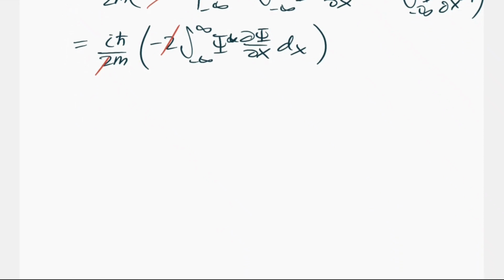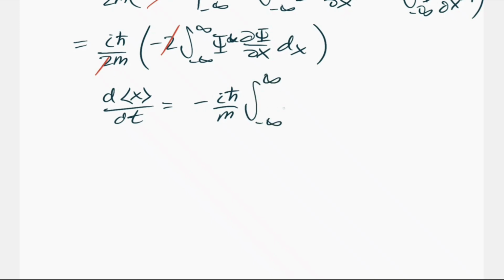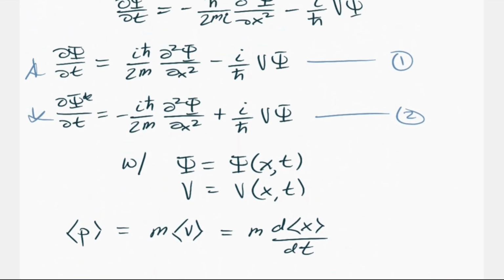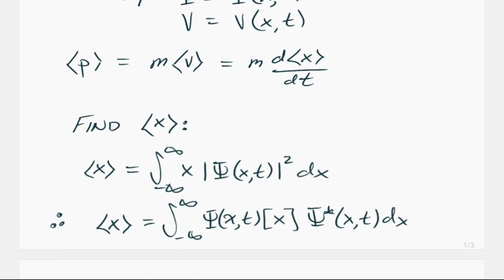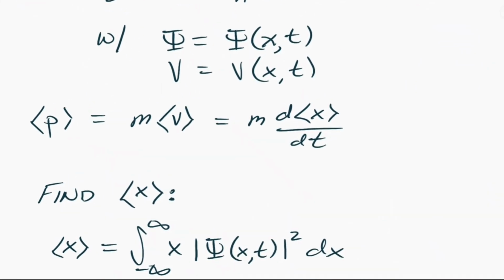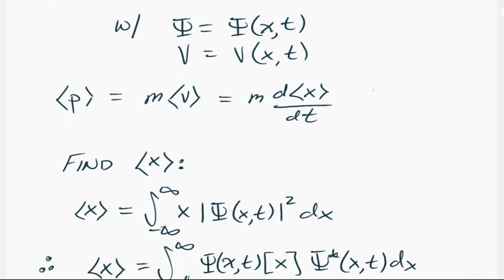And we see that d/dt of the expectation value of x is equal to negative i h bar over m times the integral from negative infinity to infinity of psi star d psi dx, dx. All right, now let's go back up to Ehrenfest's theorem, which we wrote down as our primary statement for the problem.